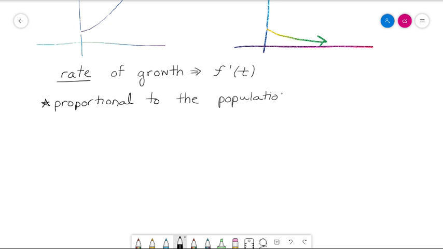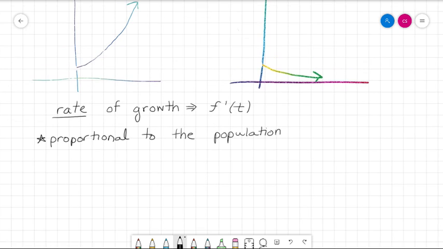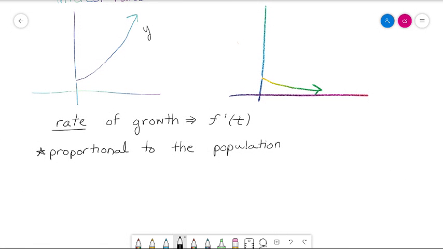And the size of the population depends on where we're at on our exponential function. So it's proportional to the population, y equals f of t.